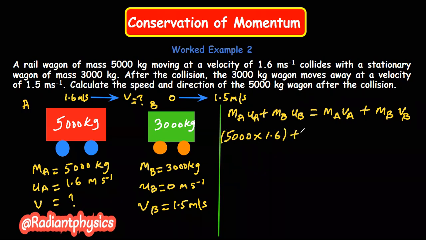So plus mass of B, the mass of the second wagon, 3,000 times its initial velocity, which is given as 0. So let's bracket this.